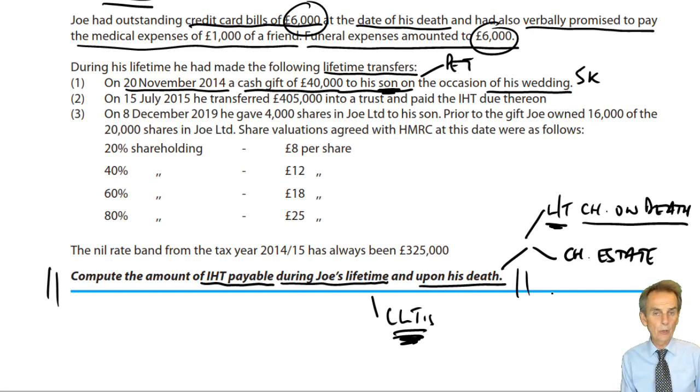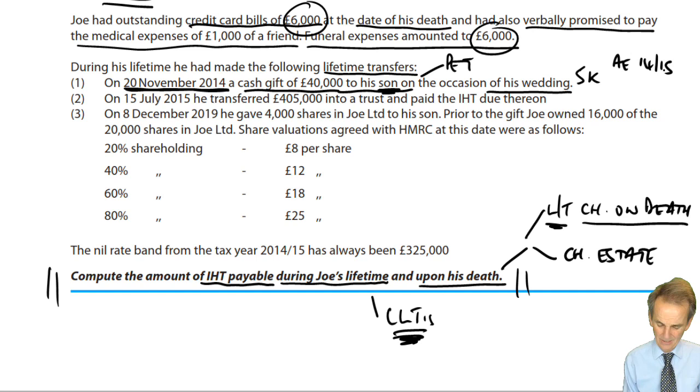Assuming that there were no prior transfers to this, they've told us everything we need to know, then this transfer, dated the 20th of November 14, therefore falls in the 14-15 tax year. So it would be eligible for the annual exemption for 14-15.